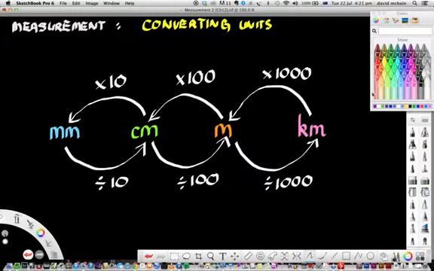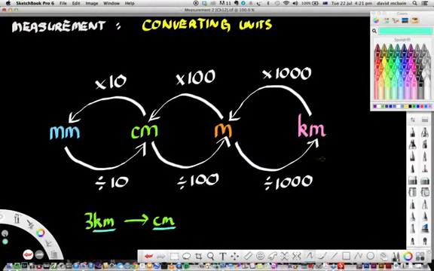So let's have a look at a couple of examples here. Let's say I had 3 kilometers and I wanted to convert that into centimeters. So the question is, how many centimeters is 3 kilometers? We're starting at kilometers and we want to convert it to centimeters.